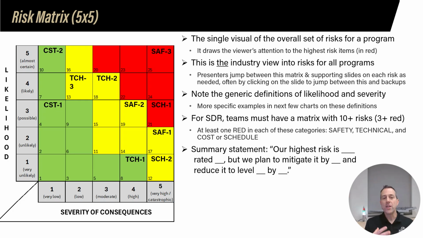So when you look at those 2 things together, severity of consequence versus likelihood, you're going to map each of your risks to one or the other. If you recall in the last slide, in your risk register, you're going to have a column for severity of consequence, a column for likelihood, and then a total score with a color. That total score with the color is what maps to this specific risk matrix, okay?